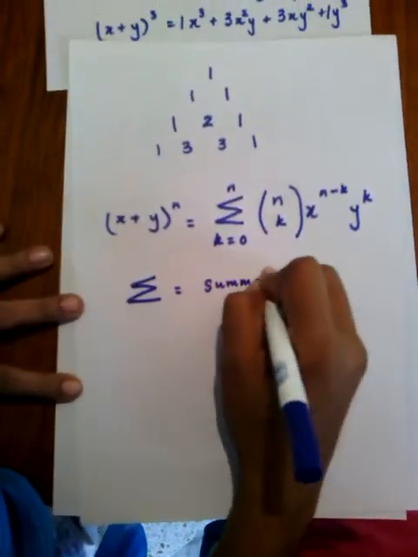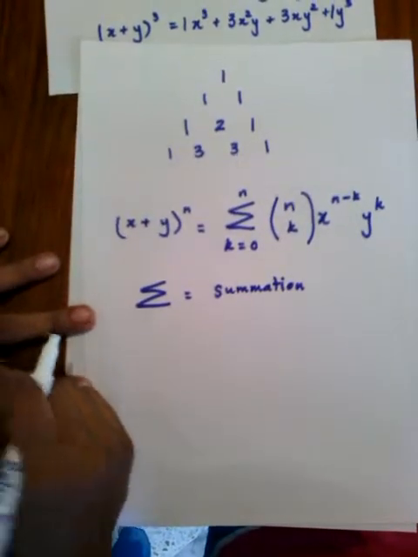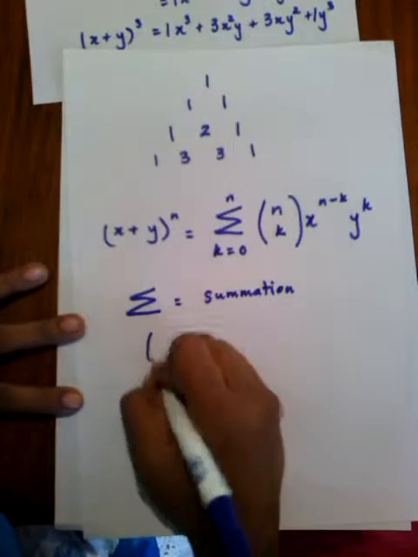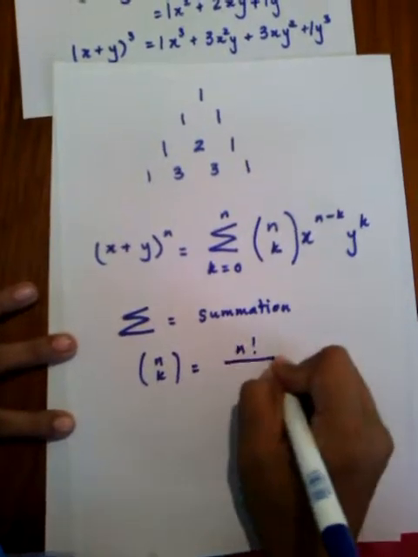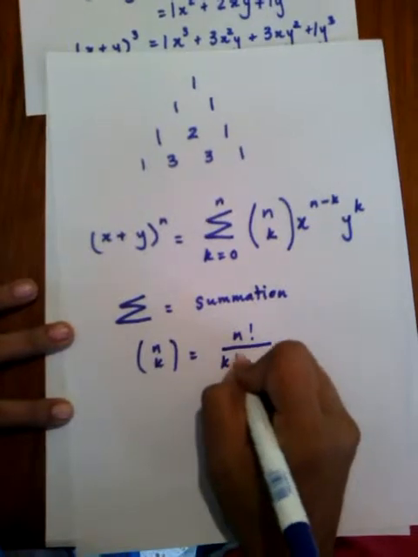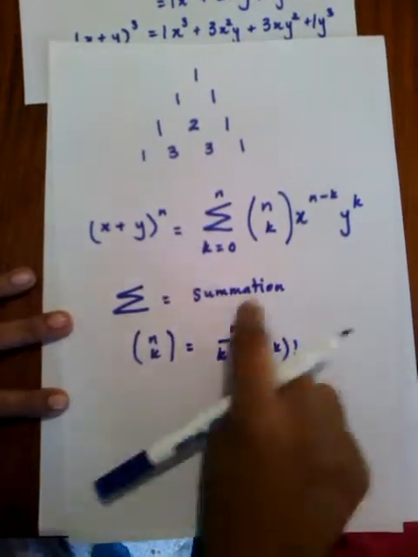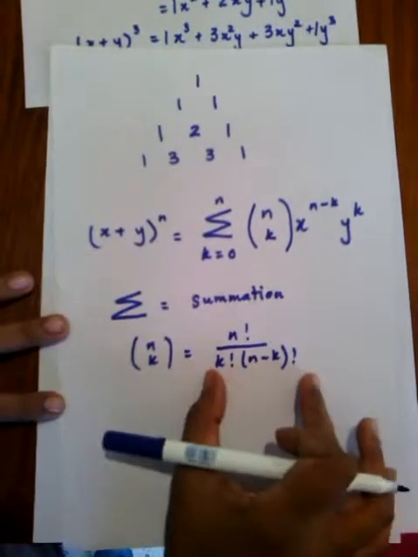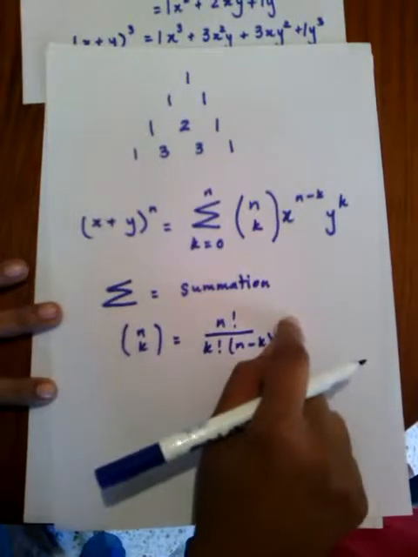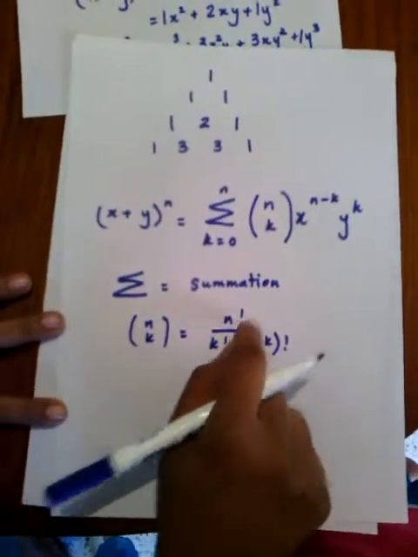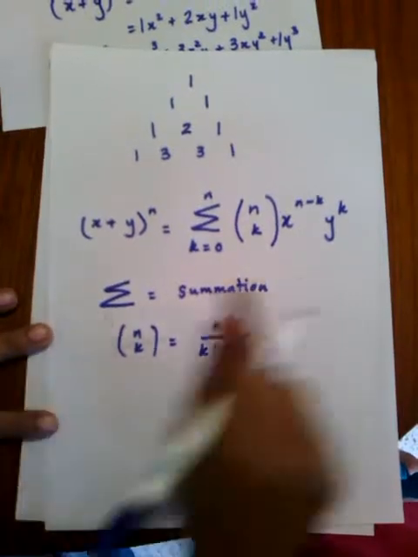And you may have seen this at O-level or various other stages, even earlier in school. N choose k, which we've discussed before, is just n factorial divided by k factorial times n minus k factorial. And this is merely a number. It's not a matrix. That you have to remember.